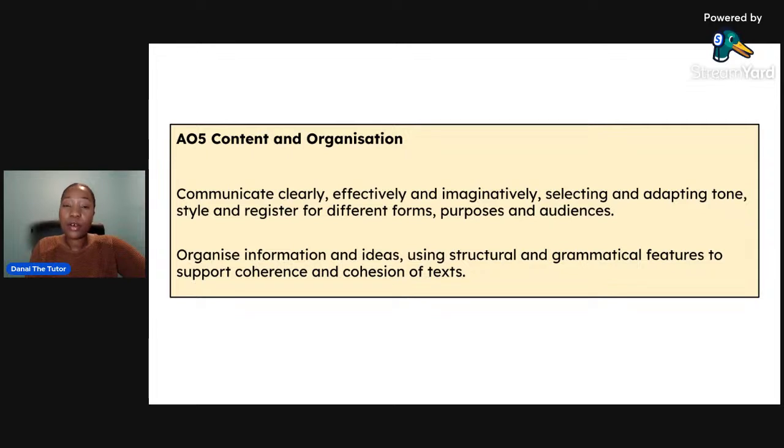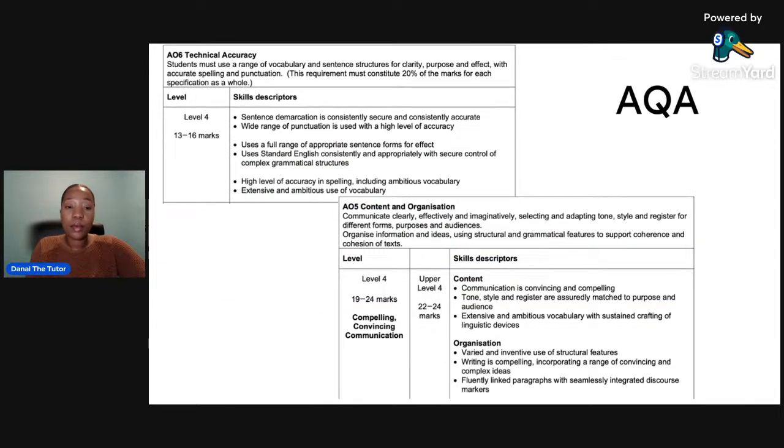So out of those 40 marks, 24 are awarded for content and organization, okay? And so we are going to be focusing on that, but I will show you both AO5 and AO6. So to put it simply, AO5 is how you organize your story, and AO6 is how you use SPAG in your story. So spelling, punctuation, and grammar.